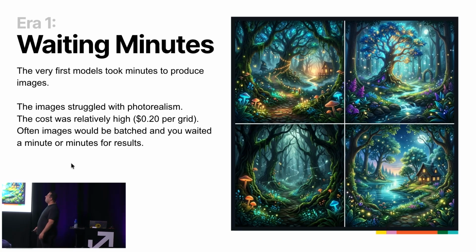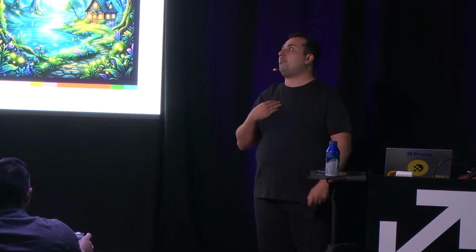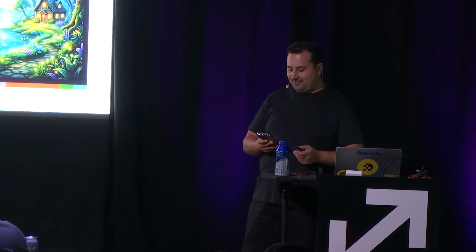It took minutes just to generate your grid of 4 images, a batch of 4, right? And God forbid you put in a bad prompt. It's going to be so painful. But it was so cool. For me, as someone who's not a good artist, the ability to create something that looks pretty good was just a huge unlock.